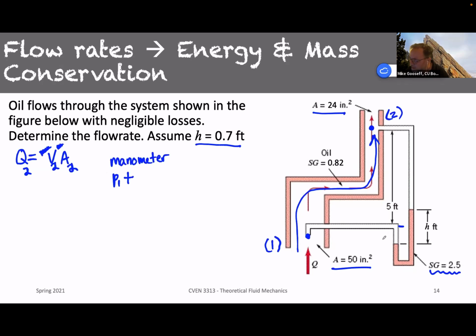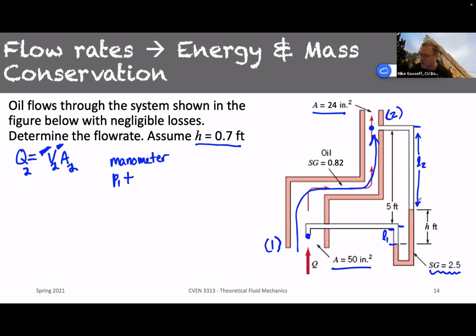So this distance from here to here I'm going to call L1. And this distance here is going to be L2. I'm going to start by writing all of these relationships with L1 and L2, and then we'll plug in H being 0.7 to work this out.